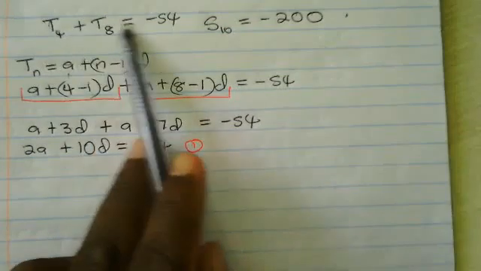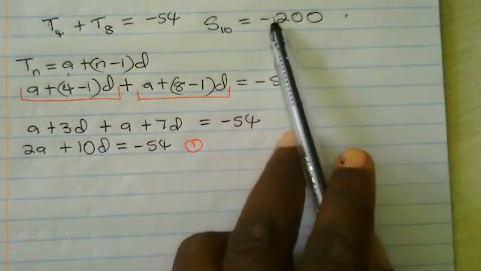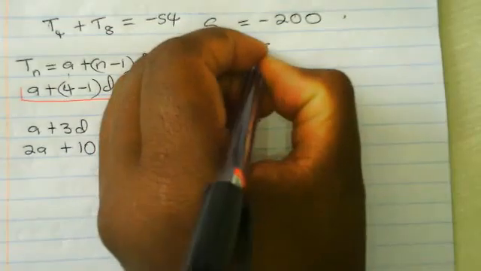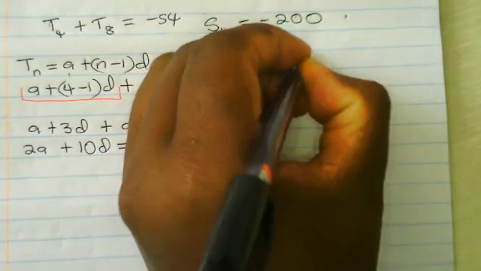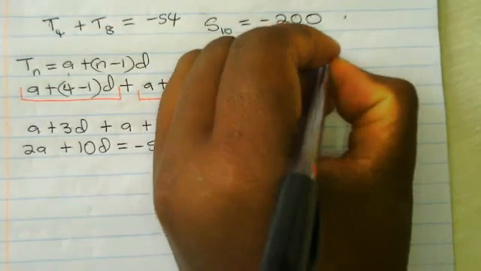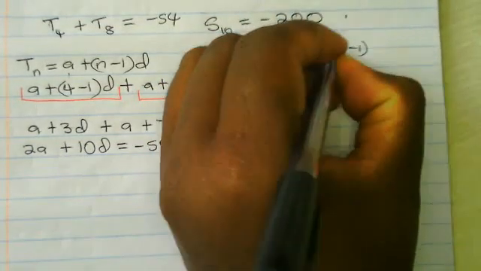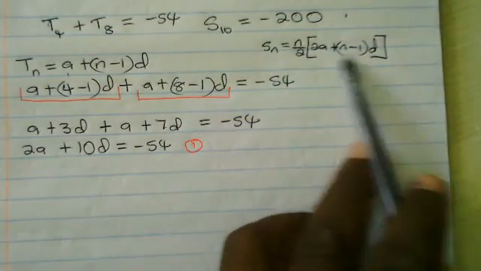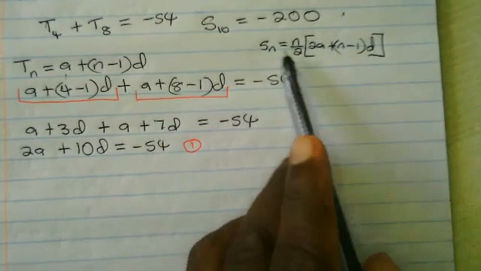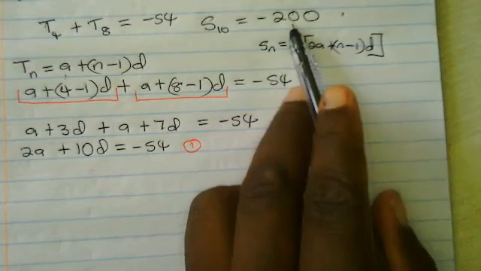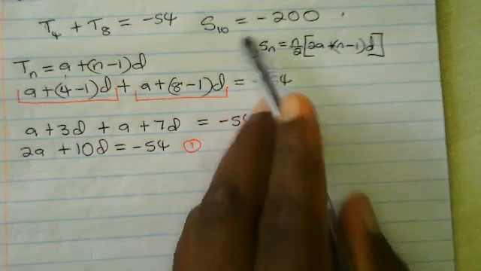That is the first equation. So the first equation is coming from this statement, and then we are getting the second equation from this one. We know that the sum of n terms is equal to n over 2 bracket 2a plus (n minus 1)d. This is the formula for the sum of terms. In this case it is the sum of 10 terms, so in place of Sn we are putting negative 200, and your n is equal to 10.